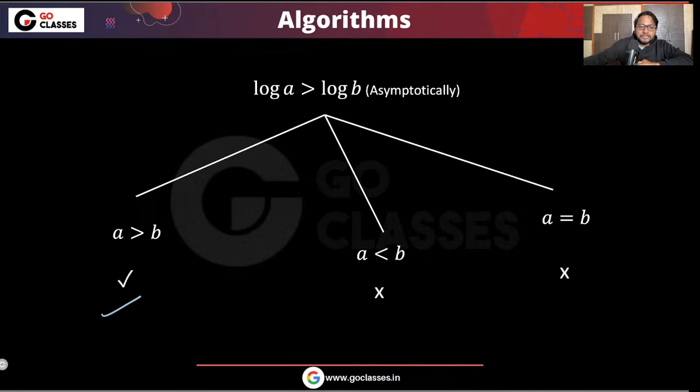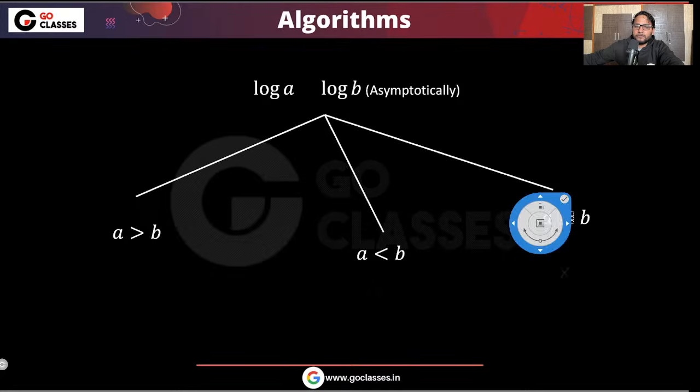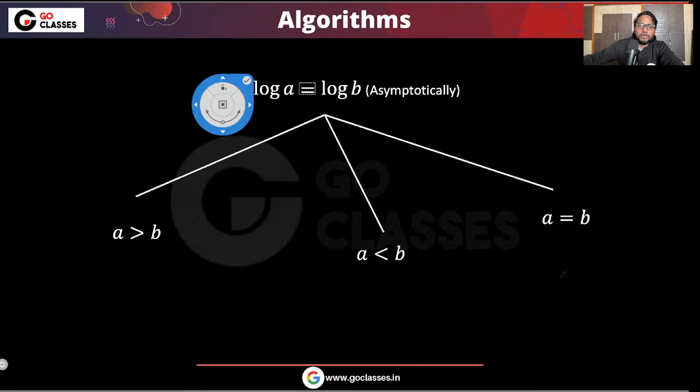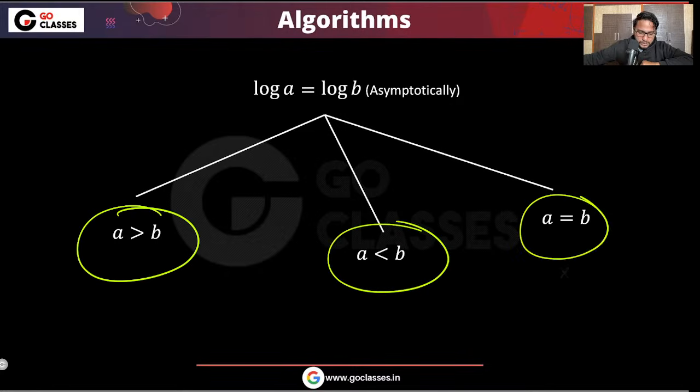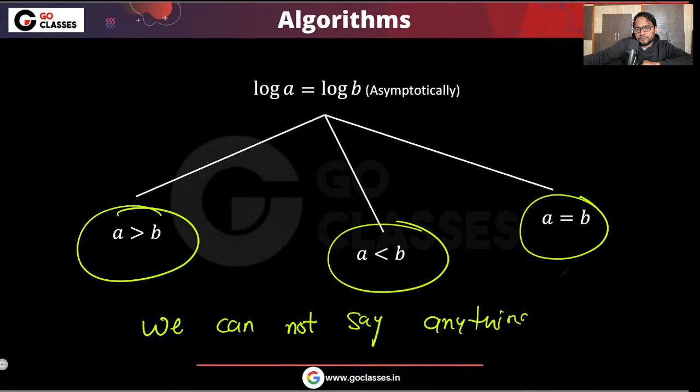Let's suppose I ask you, if log A is equal to log B, if both are equal, then what can you say? Is A greater than B, A less than B, or A equal to B? We cannot say anything, right? Okay, we cannot say anything. Good.